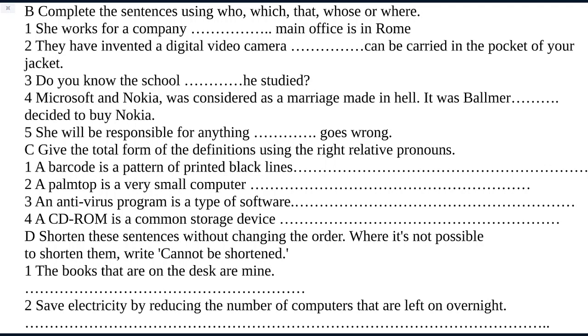Number 3, an antivirus program is a type of software. What does it do? It protects the computer from viruses. Very good. And then the last one, a CD-ROM is a common storage device. A CD-ROM is a device which we can store data in. Very good.